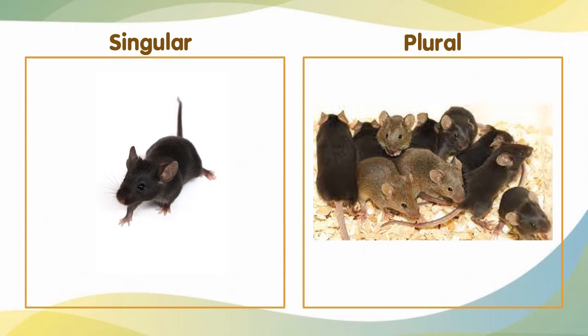Irregular nouns that change in spelling. Some words change in spelling when made plural. For example, the singular is called mouse. The plural form of mouse, if more than one, we refer to them as mice.